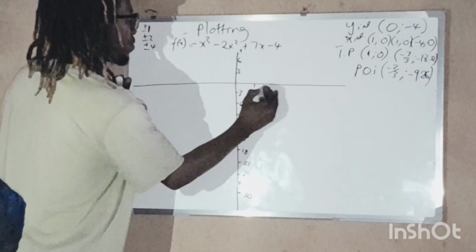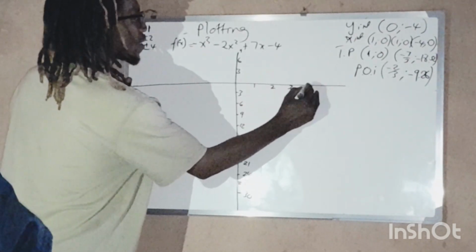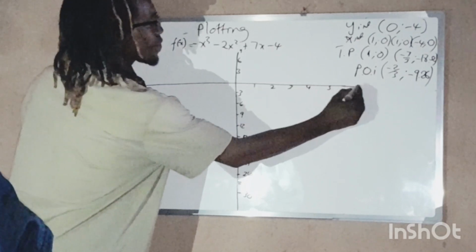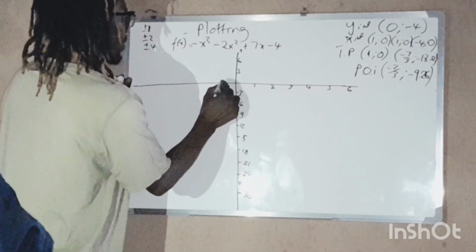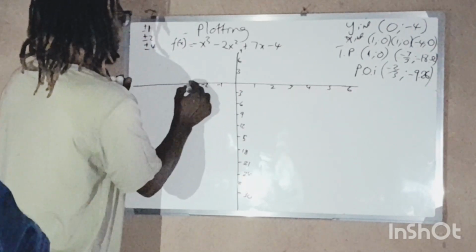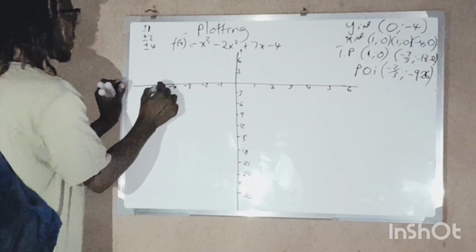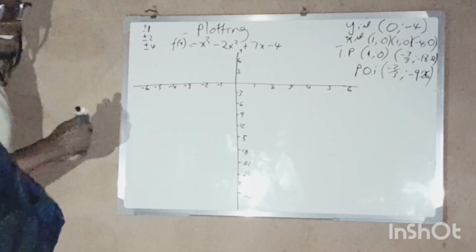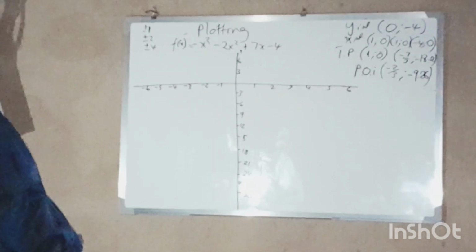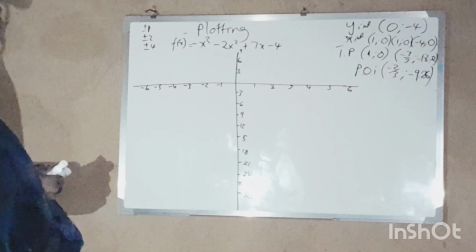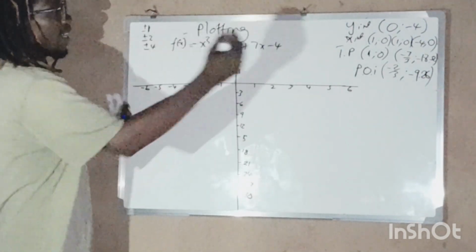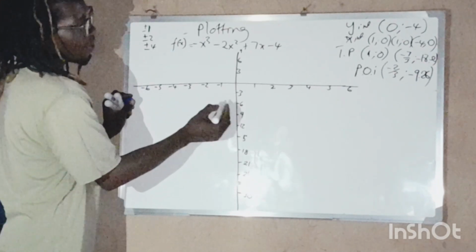And then let's count in 1, 2, 3, 4, 5, 6, negative 1, negative 2, negative 3, negative 4, negative 5, negative 6, right? So let's see, where is our function cutting? It's -4, right?